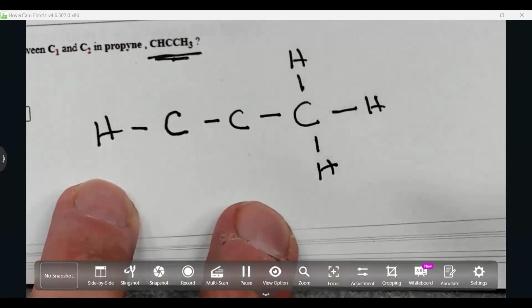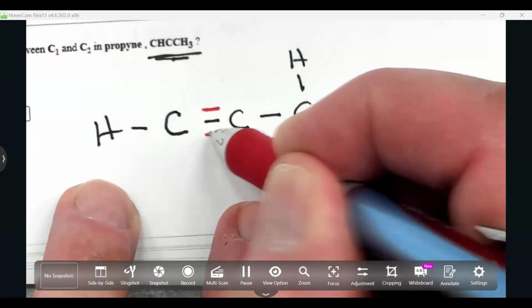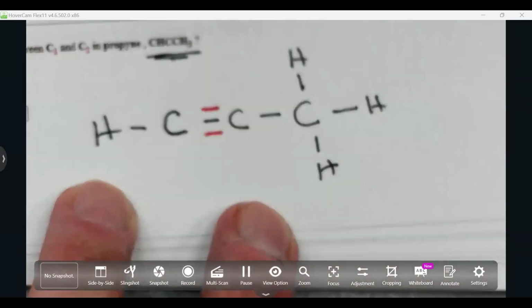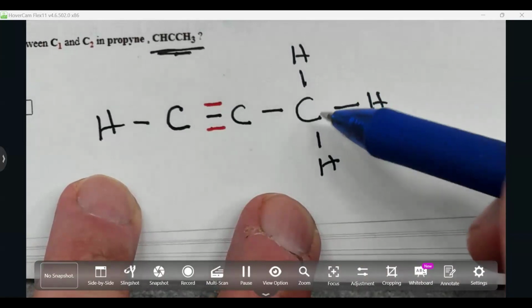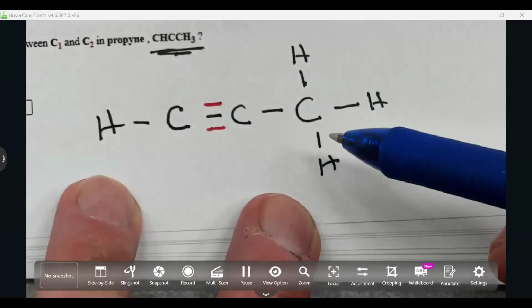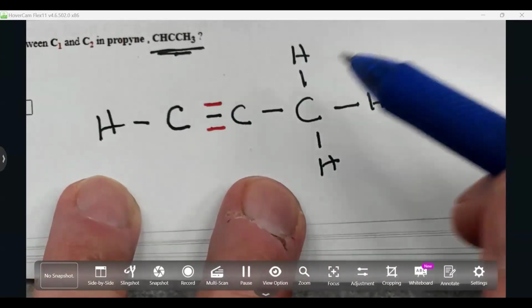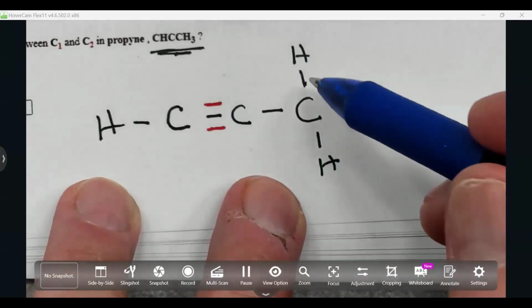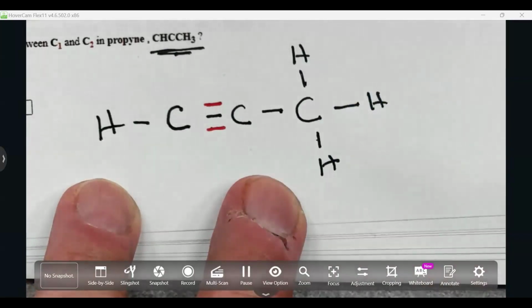How do we fix this up? We need to make a triple bond here, correct? Now, all you have to do is add up your sigma bonds to get the hybridization. This carbon here has how many bonds? This is a good question.